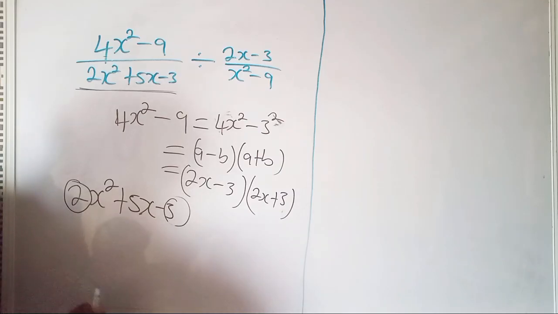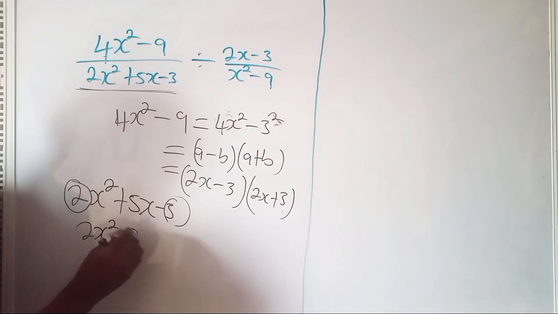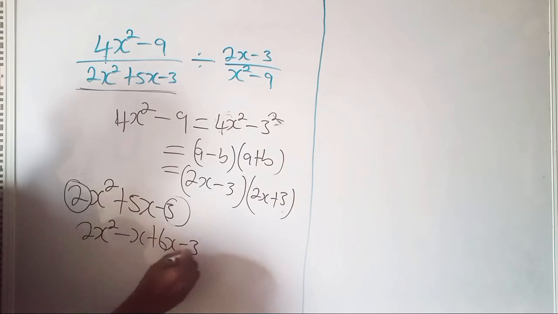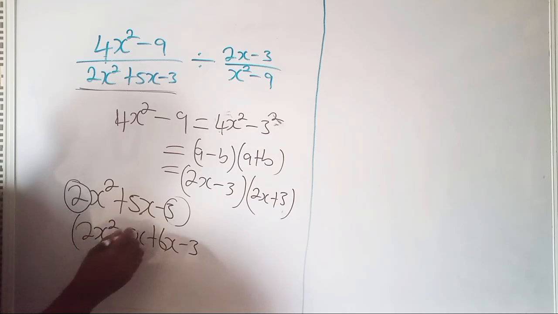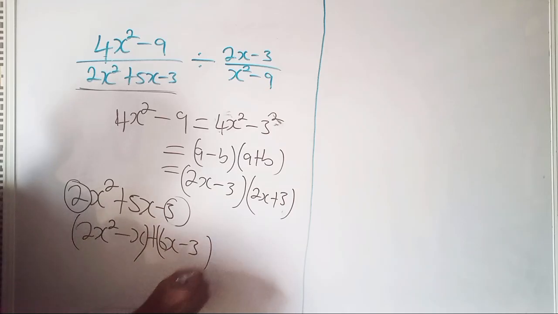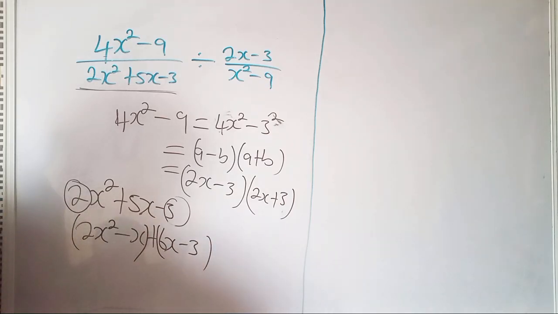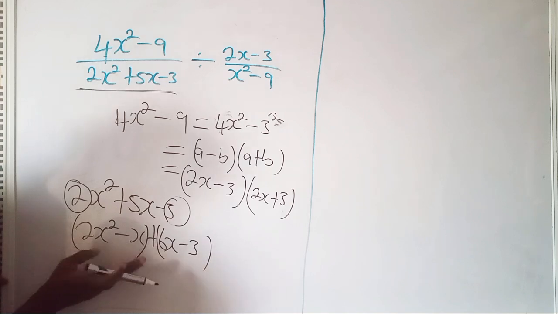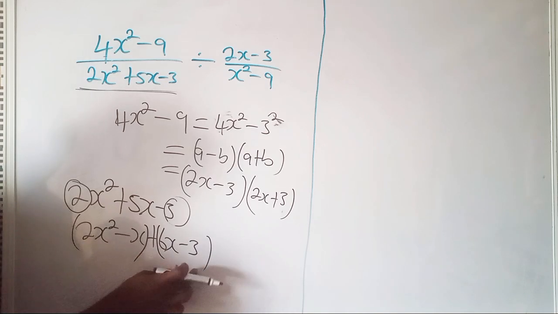So when we know that, we now say 2x squared minus x plus 6x minus 3. Then we insert brackets. After having the brackets, you think of the highest common factor in the first bracket and in the second.